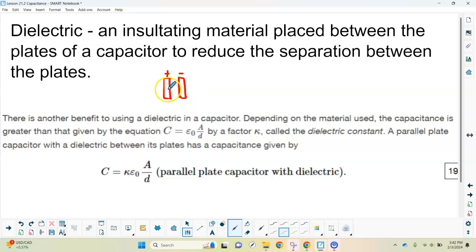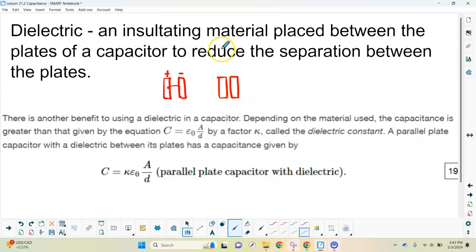So what they do, again, to increase capacitance, basically we said that we want these to be as close as possible. But as they get closer and closer together, there's more likelihood of charge jumping from one to the other. So what they do is they put an insulator between it. So they get the two plates really close together. So I'll just draw a very small gap between that.